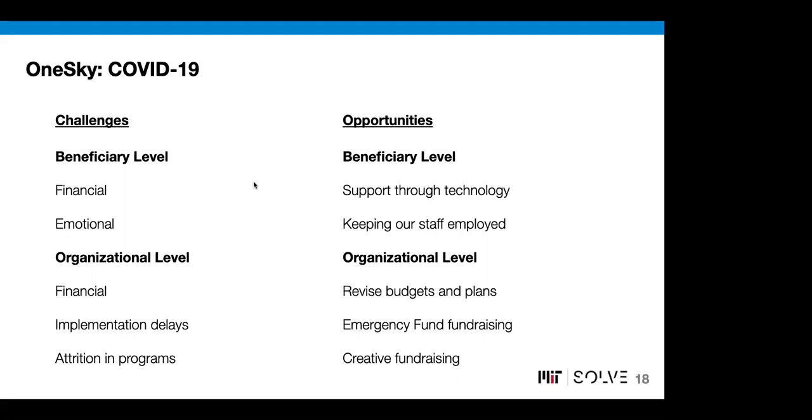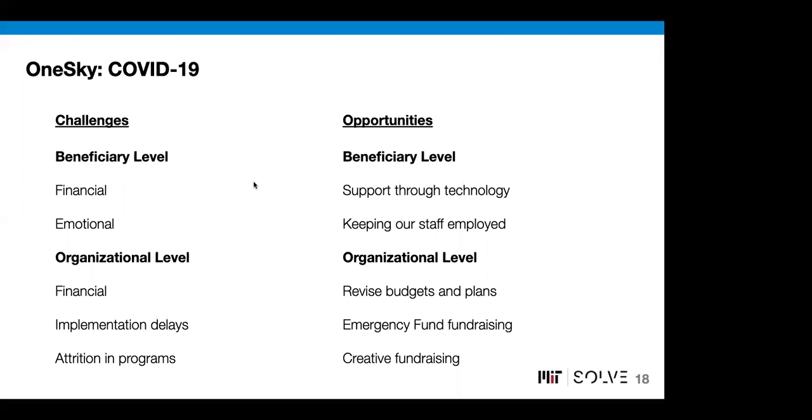For our organization, the challenges are financial, because we're doing okay right now, but a big chunk of our revenues come from individual donors, and we think that's going to affect us this year. We're also worried about attrition in our programs because the trainees are leaving and the daycares are closing.